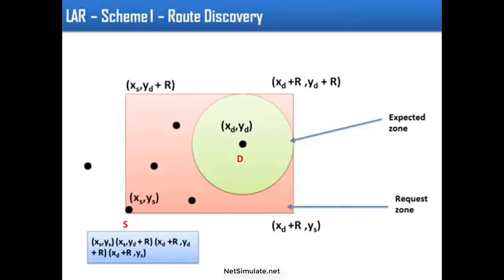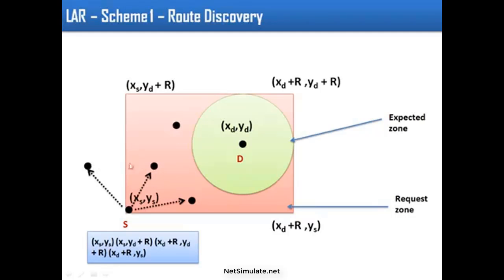Now we will see the route discovery process of scheme 1. S will broadcast its route request packet to all of its neighbors, and that request will have the four coordinates of the request zone. So these three nodes will receive a copy of the route request packet.